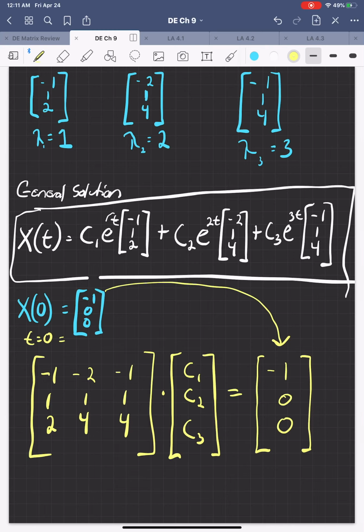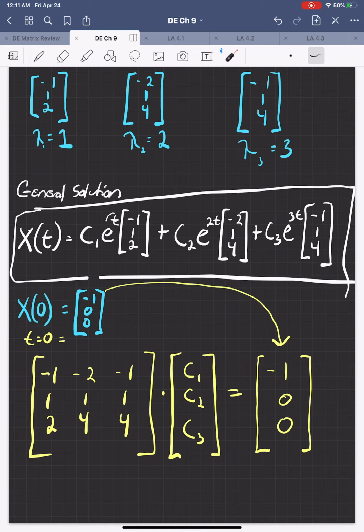And now, let me show you how students go wrong here. Notice that our matrix A was just composed of the columns of our eigenvectors. Just make sure that you understand that that's a consequence of the fact that t is equal to 0.